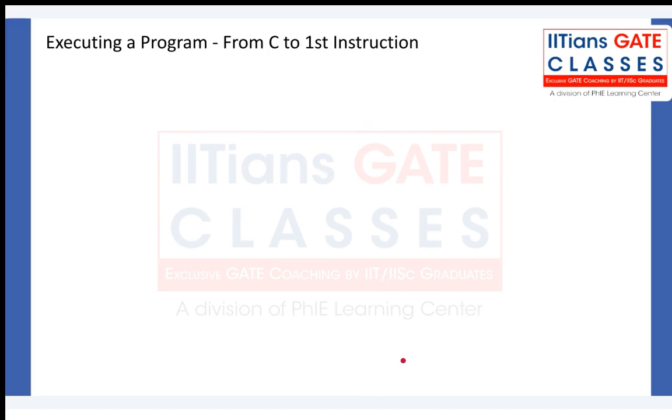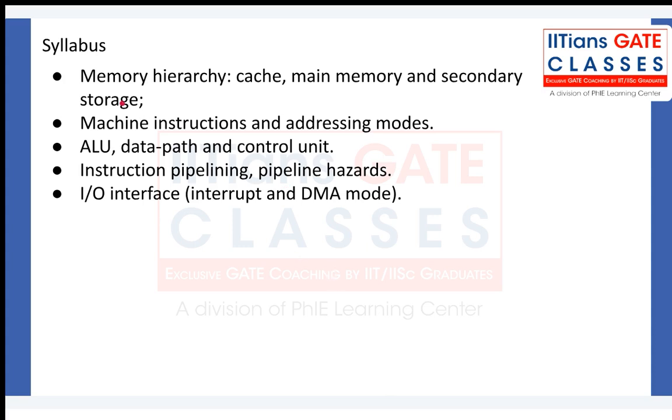So what are we covering? What are the topics in this course? We'll start from the memory hierarchy, which is the cache, main memory, and the secondary storage. This is a very important topic. Then we will move on to what a machine instruction is, and we'll look at something called addressing modes.